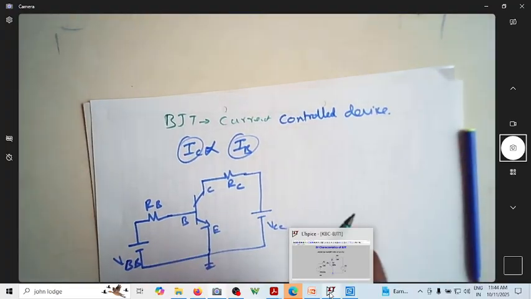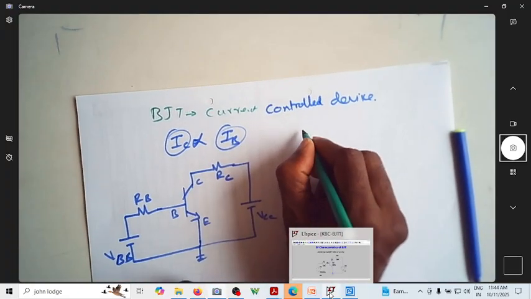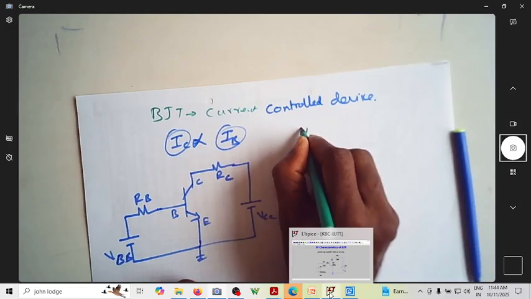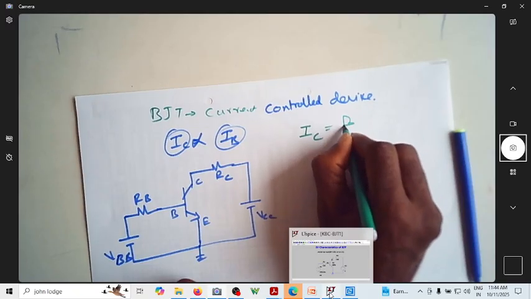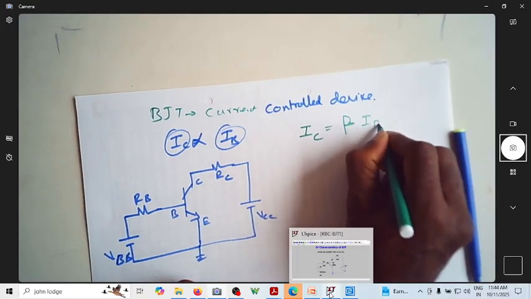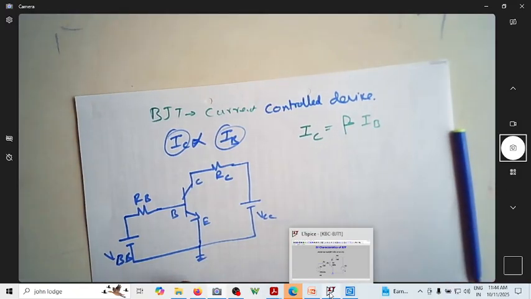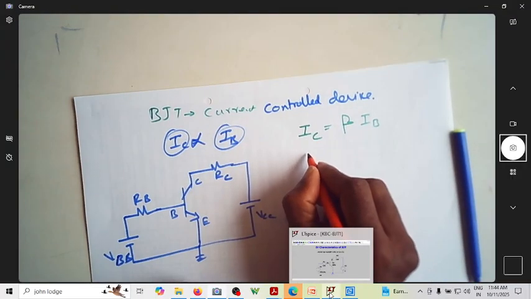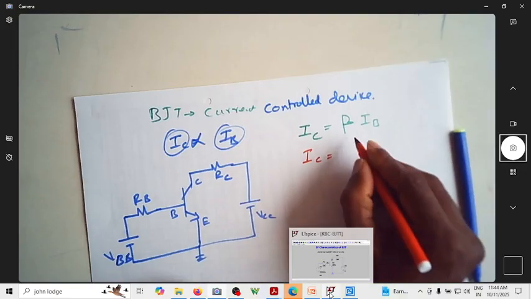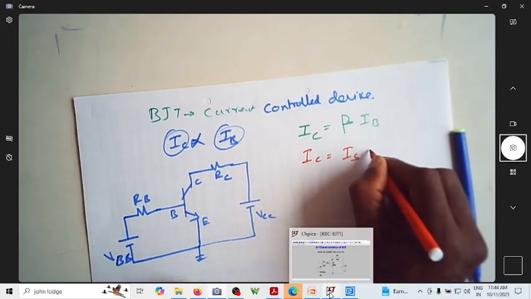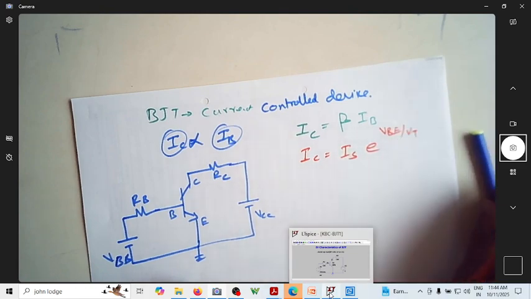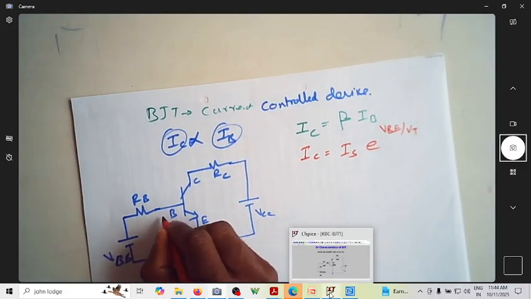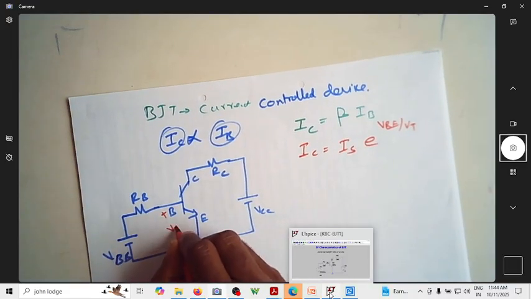So now let us try to understand some relations. We have a relation of IC is equal to beta times IB. There is one more relation that IC is also equal to IS e power VBE by VT, where VBE is this voltage.